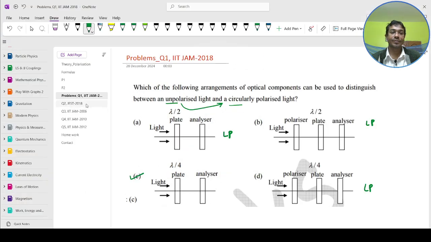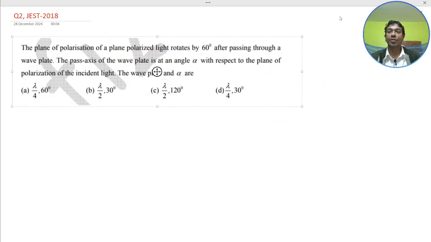Next, coming to JEST 2018, a plane of polarization angle 60 degree after passing through a wave plate, the axis of the wave plate is at an angle alpha with respect to the plane of polarization of light. You have to find the angle alpha.